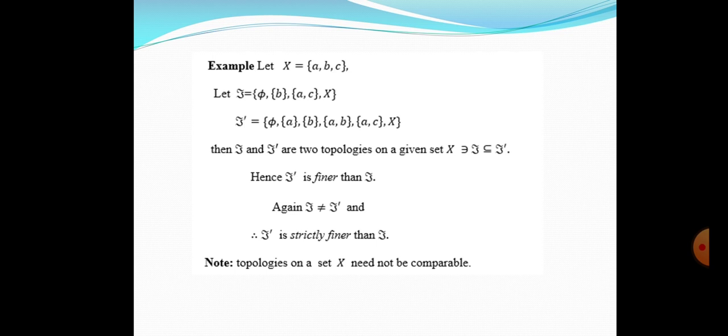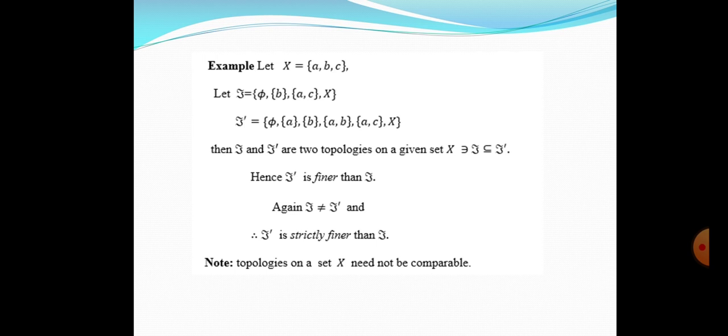Next example, let X equal to {a, b, c}. Let tau equal to {empty set, {b}, {a, c}, X}.